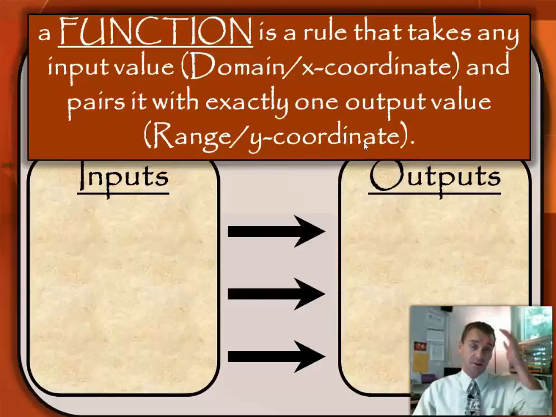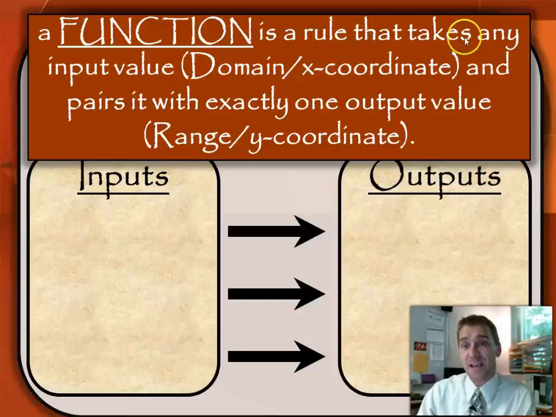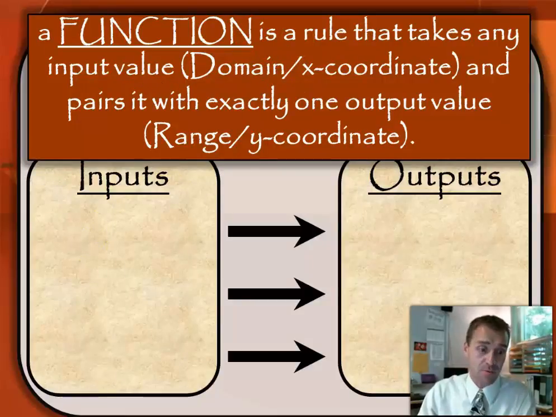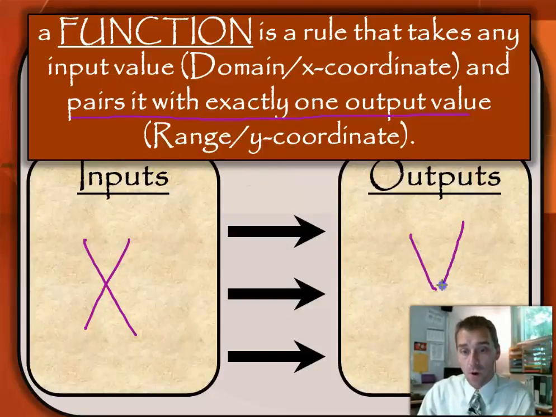Here's how I like to say it. You're going to see me say this a bunch in class and even throughout these videos. Here's what a function is to me. It's a rule, some type of mathematical rule, that takes any input value, which last video we called the domain, the input value or the x-coordinate, and it pairs it with exactly one output value, what we call the range, or the y-coordinate.